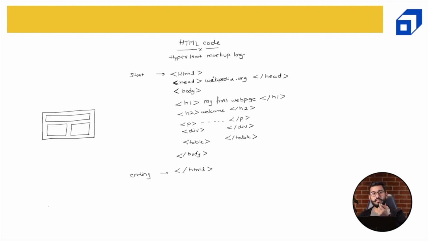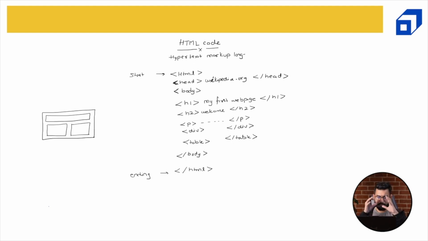Similarly, for hyperlink we have href tag, and you will find a variety of tags which are for a specific content that you want to put in the web page. But as of now we are not talking about how to write HTML code. We are trying to understand how to perform web scraping.